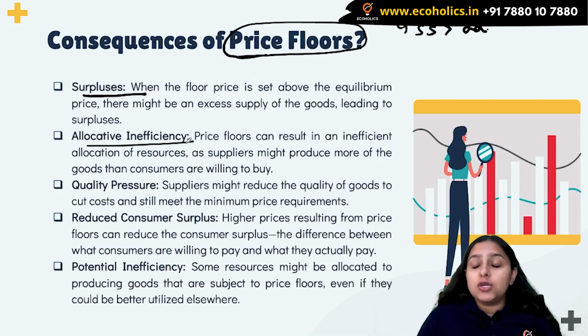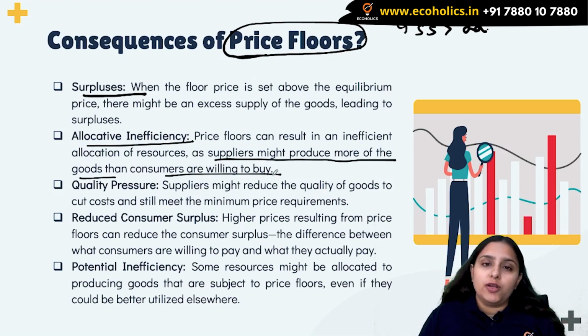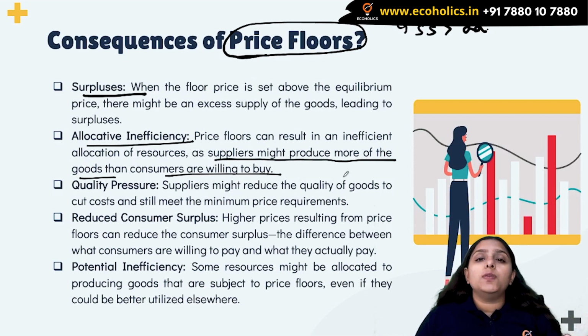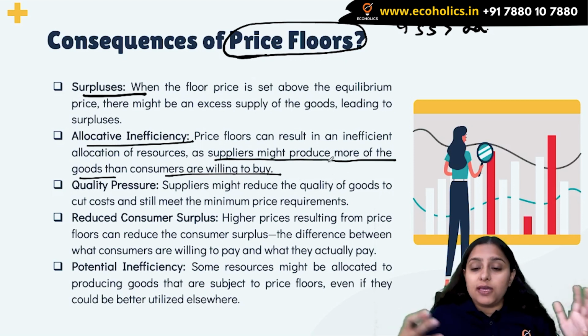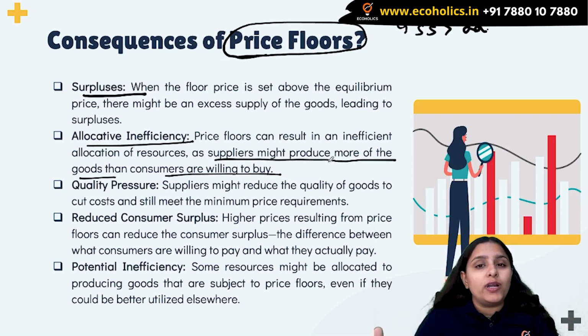Allocative inefficiency also sets into the system. Why? Because whenever there is a price floor, the suppliers might produce more of the goods than consumers are willing to buy, as we have discussed. The producers are getting higher prices for their product, so they will be producing more. But eventually what will happen is they will have unwanted inventory with them and then they will cut down the production. Quality pressure is also there.